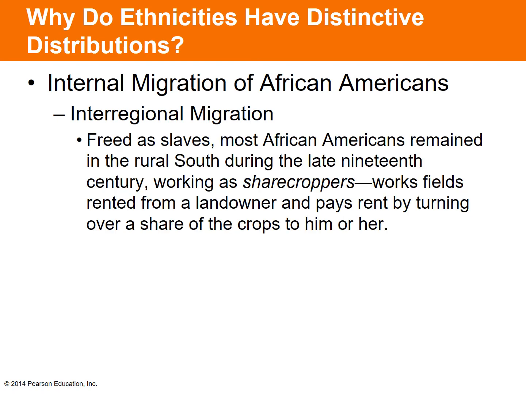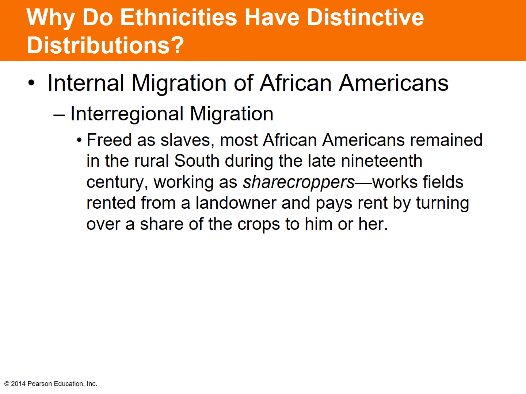Let's look at that interregional migration. After African Americans were freed from slavery, and in many ways freed themselves from slavery, most African Americans remained in the rural South during the late 19th century, working as sharecroppers. Now, sharecroppers, one of your vocab terms, people who work fields rented from a landowner and have to pay rent by turning over a share of the crops to him or her.